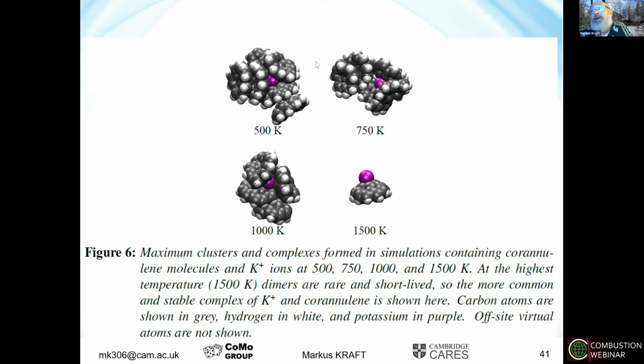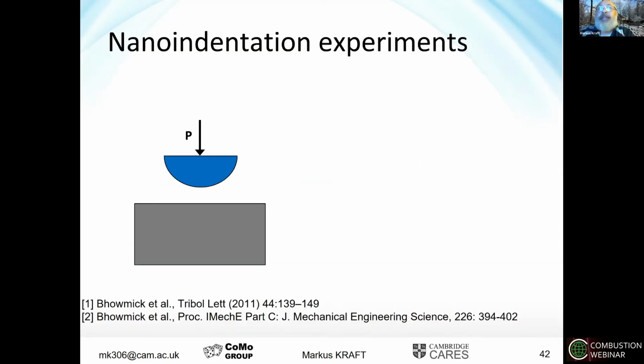However, as you went to higher temperature, this effect just didn't prove strong enough to stabilize the cluster for long. Which basically meant, okay, maybe that is also not quite the explanation.